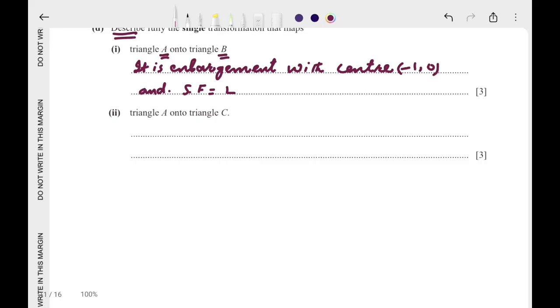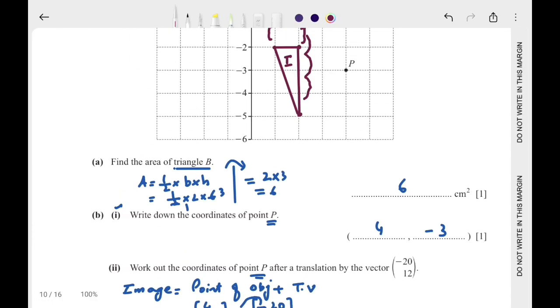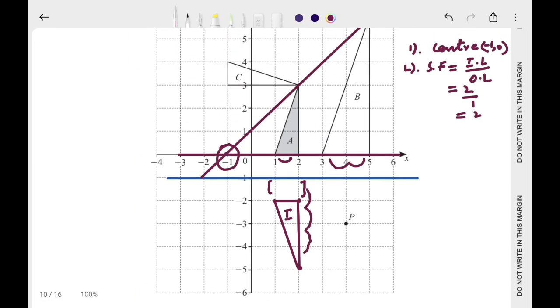Now second part, triangle A onto triangle C. Students, triangle C is rotated. How do we come to know that it is rotated?